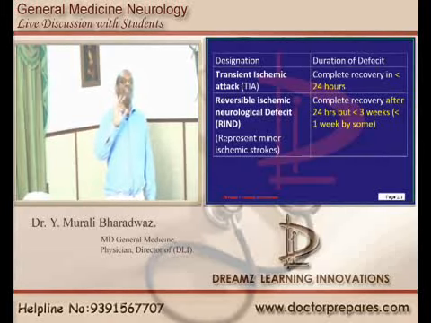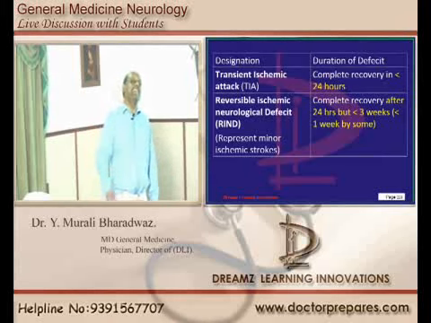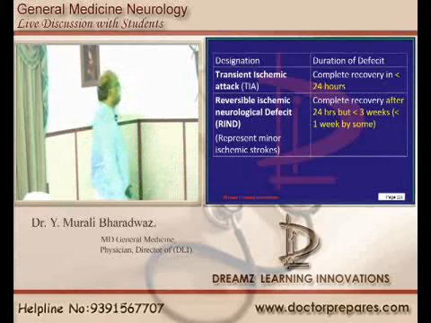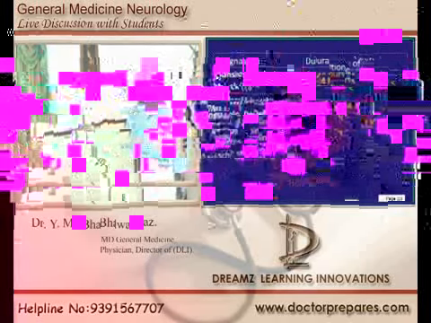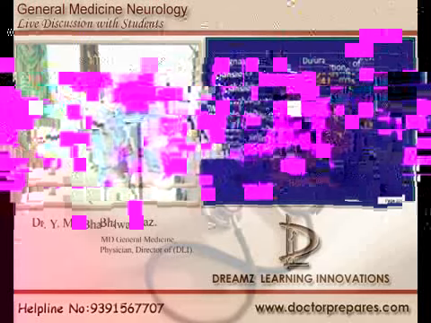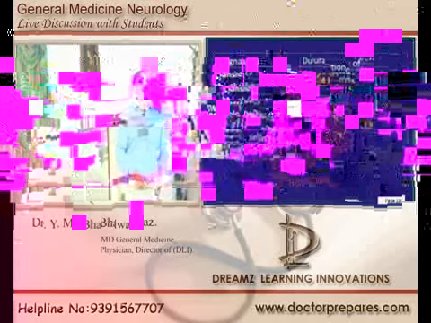Definitely the prognosis is good that your mother-in-law will get a full-fledged CVA. Take it as my word. Then you have a reversible ischemic neurological deficit. When do you call it? Complete recovery is there, but after 24 hours, but less than 3 weeks.